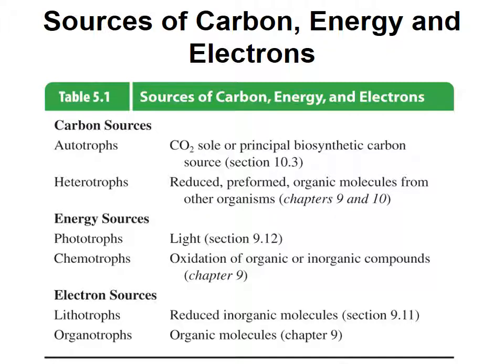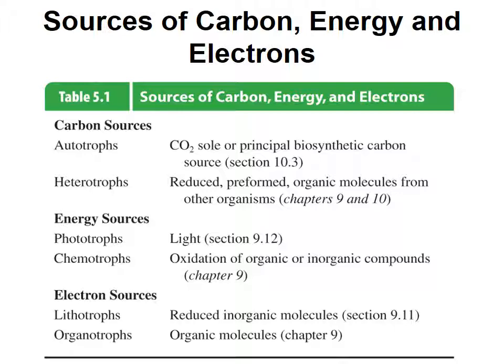So because the need for carbon, energy and electrons is so important, biologists use specific terms to define how these requirements are fulfilled, so that we can actually classify any living organism according to nutritional type.